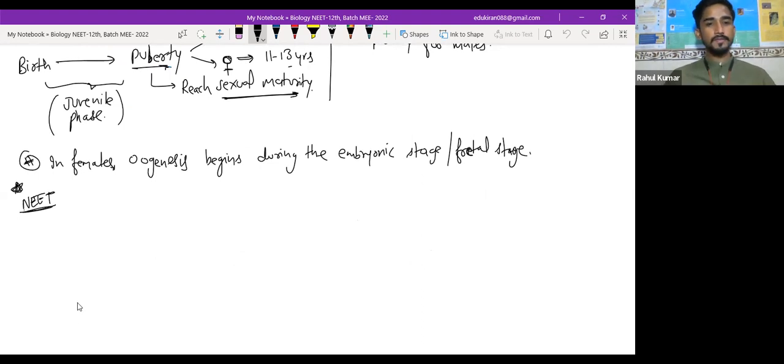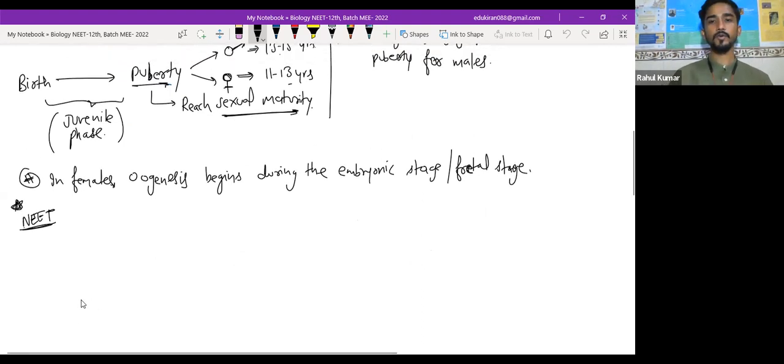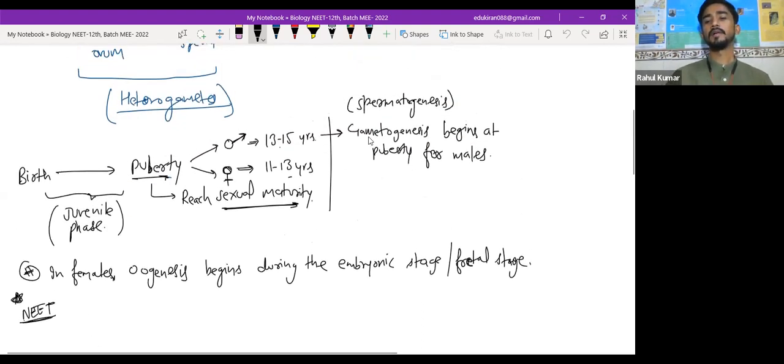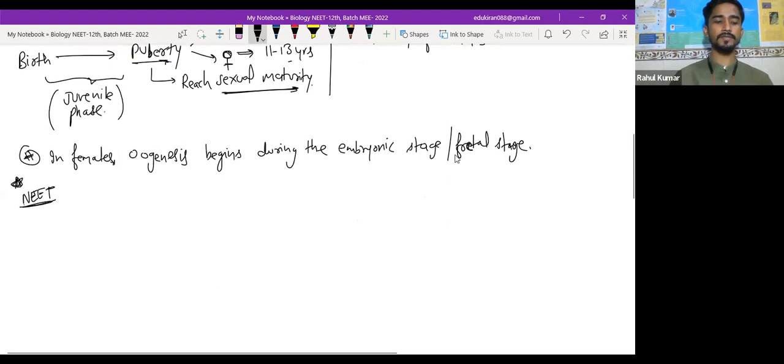So in males it is very simple. The moment you reach puberty, the gametogenesis starts. But what happens in case of females? Write down the second line.